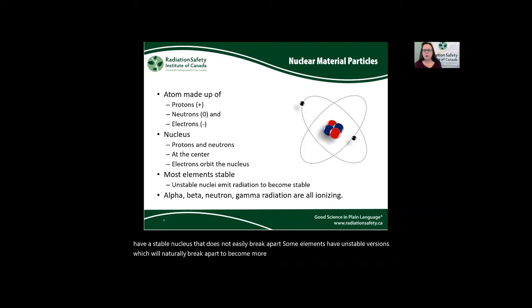Radiation that comes from the nucleus during the breakdown can take the forms of particles of matter, alpha, beta, or neutron radiation, or particles of pure energy called photons, gamma radiation. Alpha, beta, neutron, and gamma radiation are all ionizing. We will first talk about the types formed of matter and talk about gamma in the section about electromagnetic radiation.